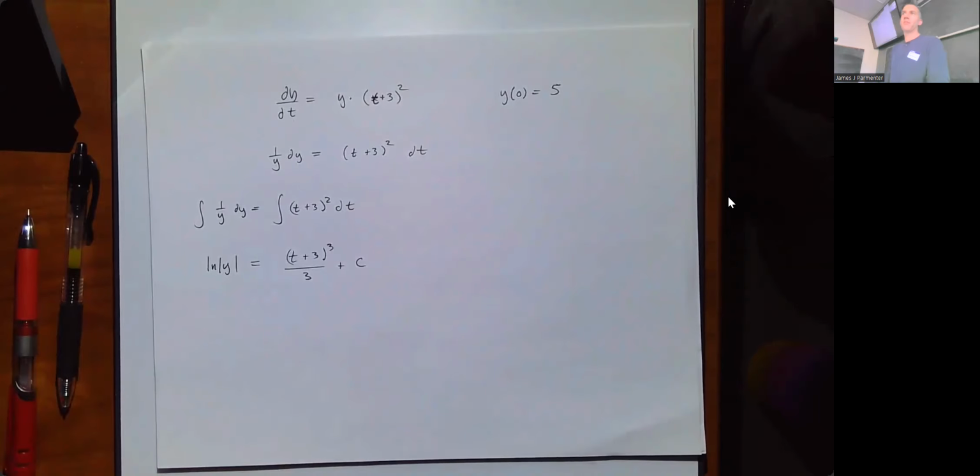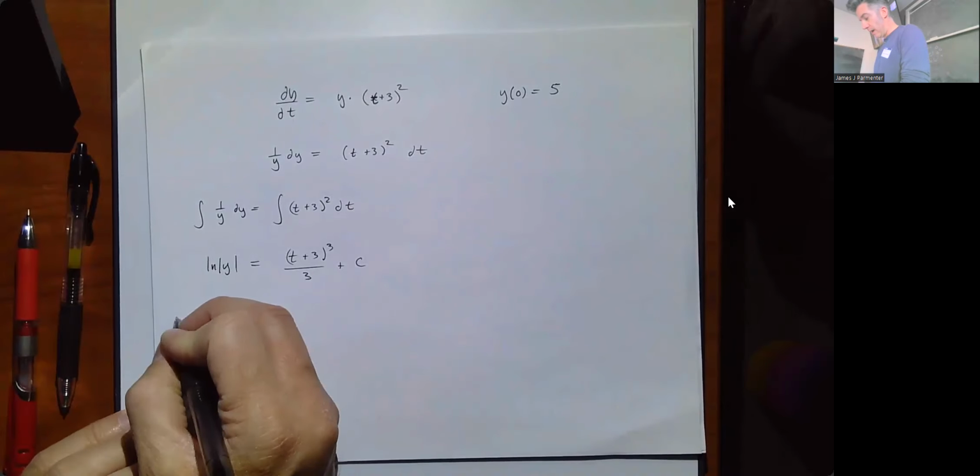Cool, okay. So the good and bad news is you can find C whenever you want. Usually there is a best moment to find C. I could find C right now. I don't really want to though, but I could.